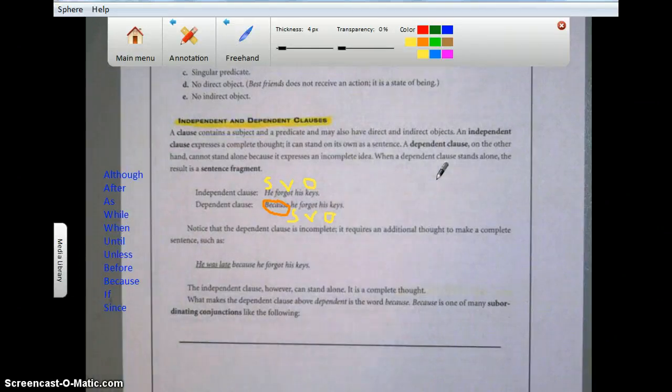So our subject, verb, object again. You can make the same clause independent or dependent. Notice that the dependent clause is incomplete. It requires an additional thought to make it complete. He was late because he forgot his keys. So in this case, you would have a subject and a subject. Was late, verb, forgot, verb, and then you have an object of his keys, and then you have your conjunction, and that would be connecting two clauses.